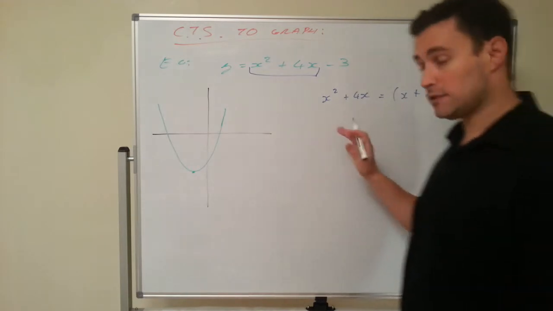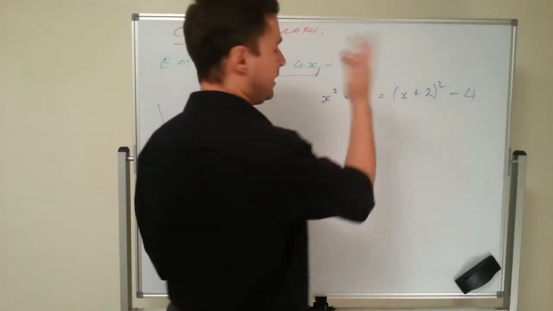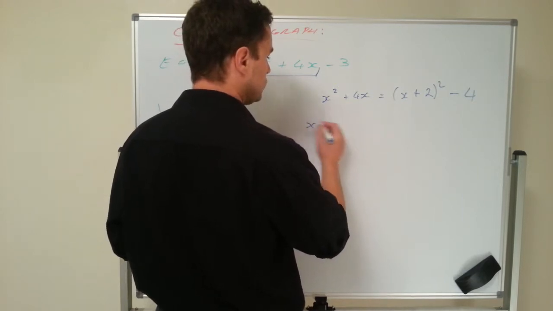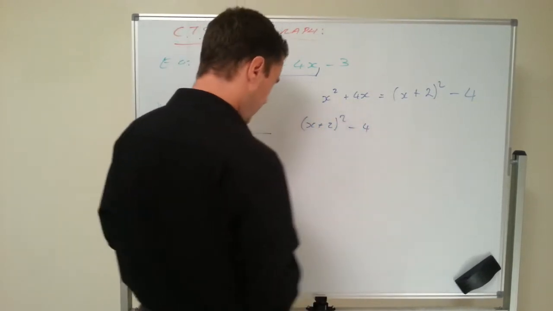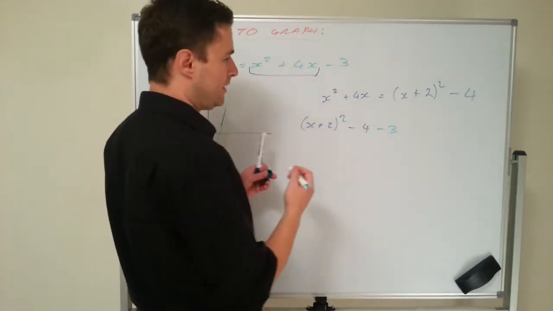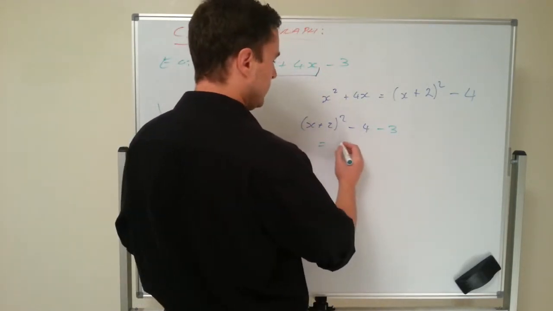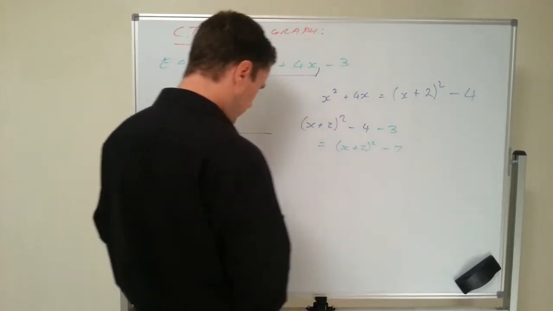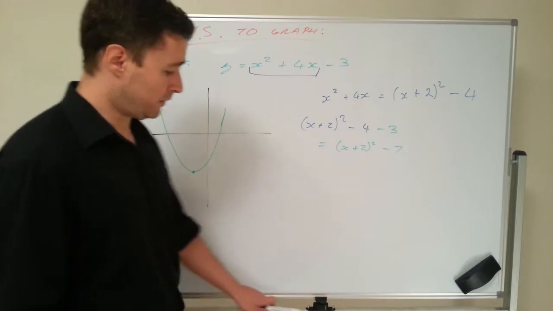Now I put it back in and take the minus 3. So I've got x plus 2 squared minus 4, and the minus 3 also in there. We just tidy it up, and our completed square version is x plus 2 squared minus 7. Fantastic, very straightforward.